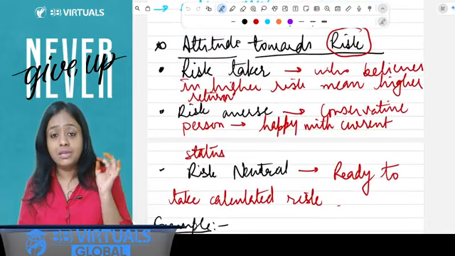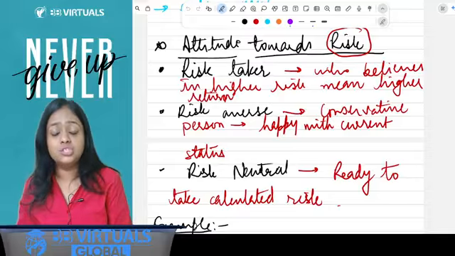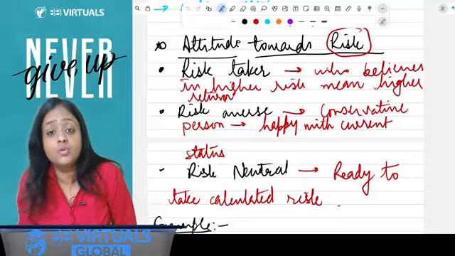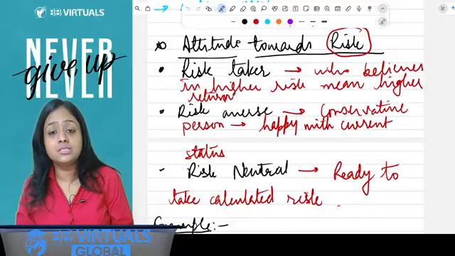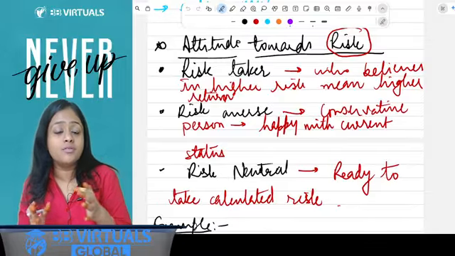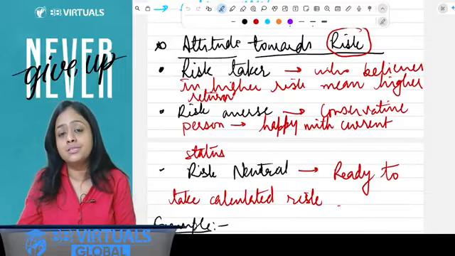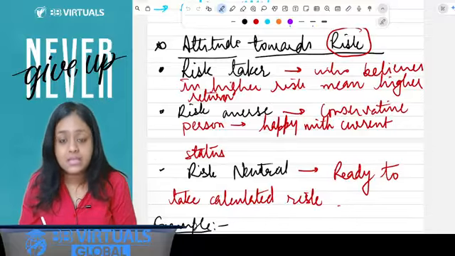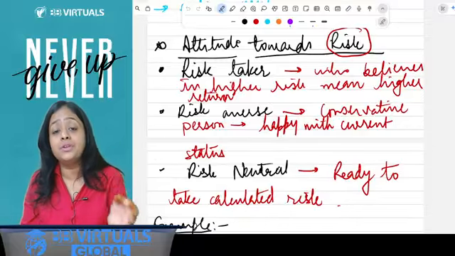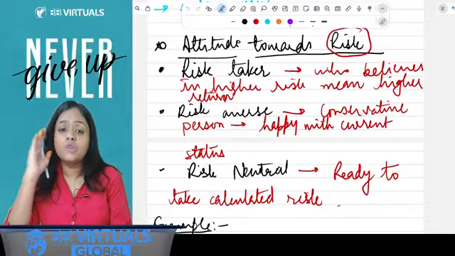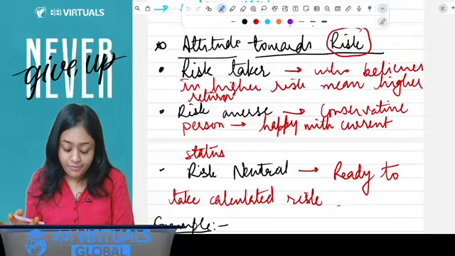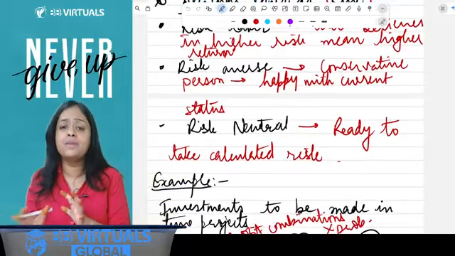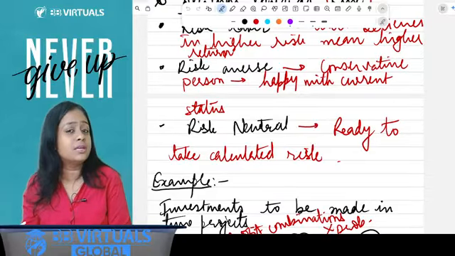Now, in this chapter, most essential is to understand the attitude of persons towards risk. Is it a risk taker, a risk neutral person, or a risk averse person? Risk taker is somebody who believes that higher returns mean higher risk.